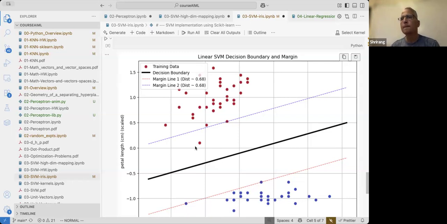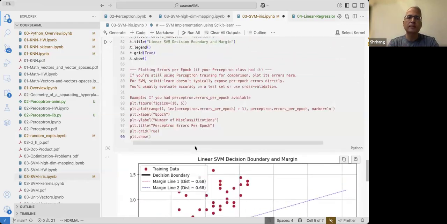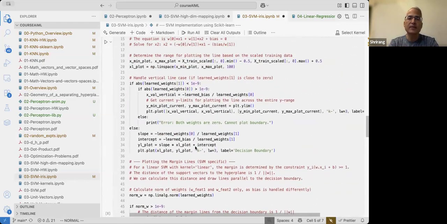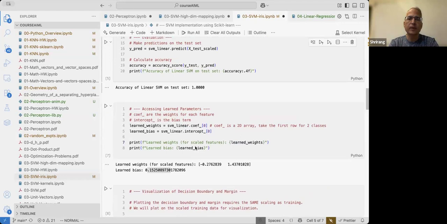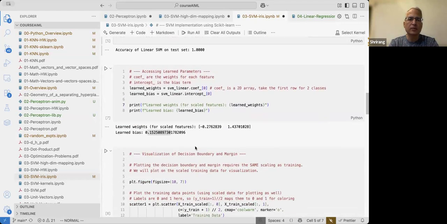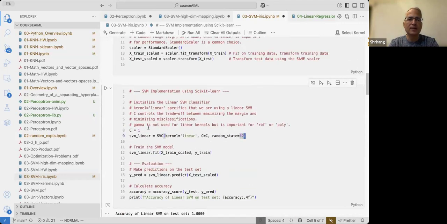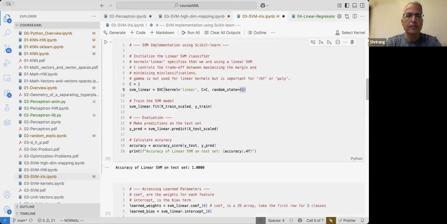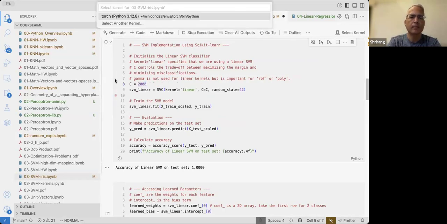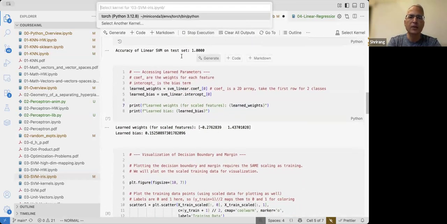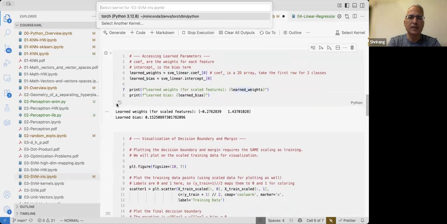If C equals 2, then? Let's try it out. So the accuracy is still 100%.